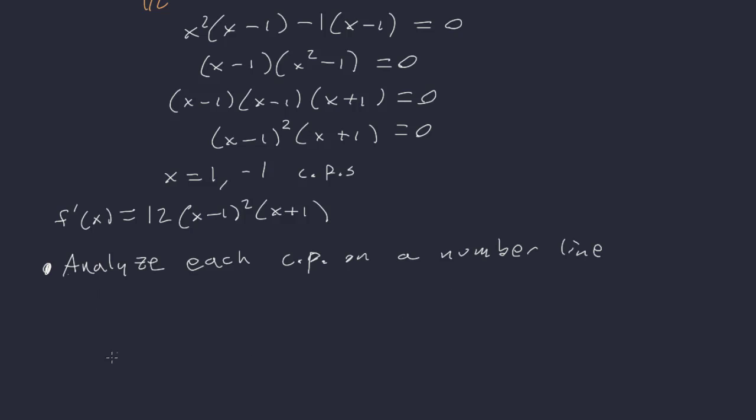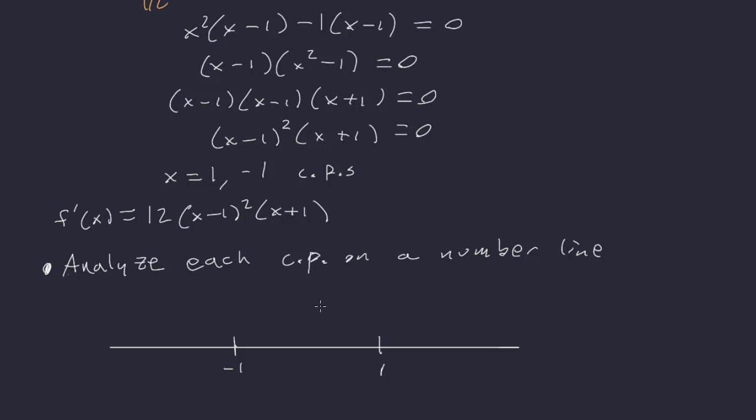Now there are a few ways to do this. Some people have different methods for doing it. I prefer to just set up a number line, and I'm going to put my critical points down. So I have negative 1, and I have positive 1. Now, when we check these, you do not check them separately.